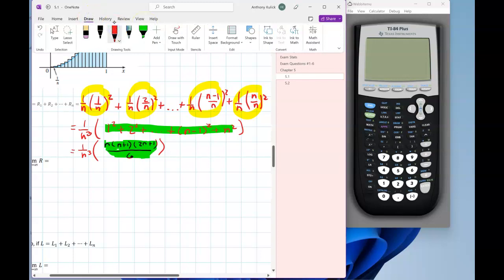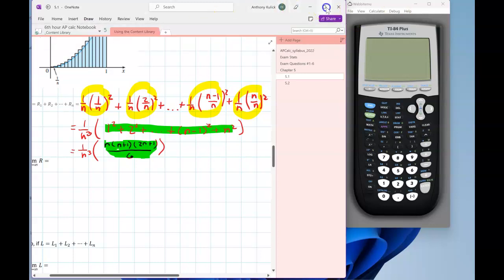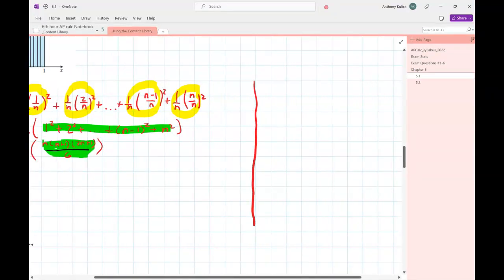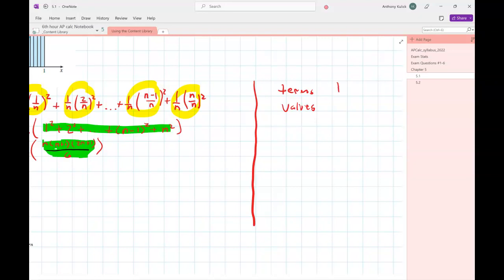As a quick aside, anyone remember how you would go about getting that formula? Should we talk about that for just a quick second? Feels like a good thing to recap. So the way you'd want to think about this is you have terms and then you have the values. The first term is just 1 squared. That has a value of 1.